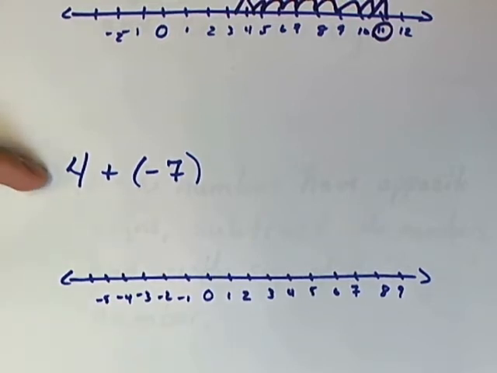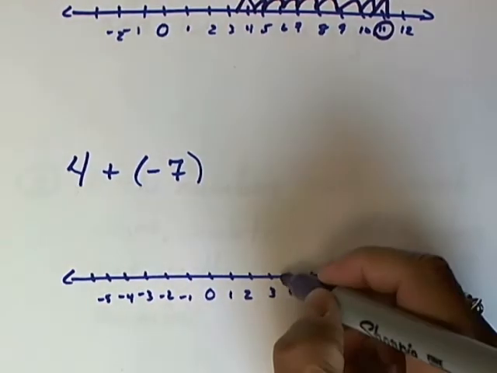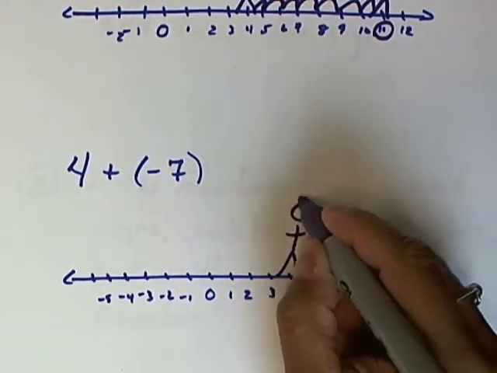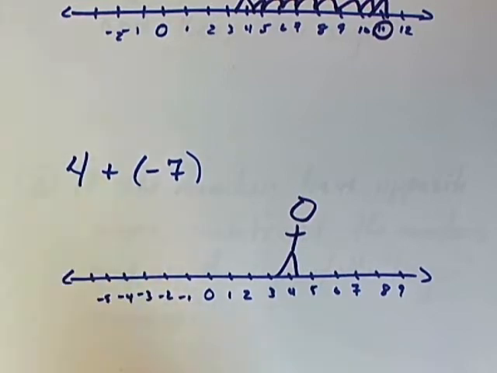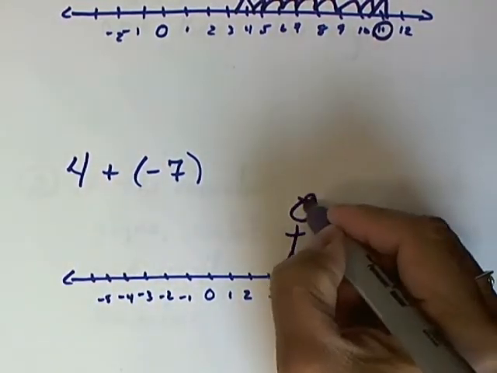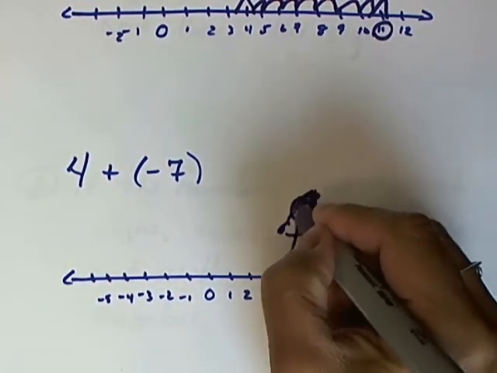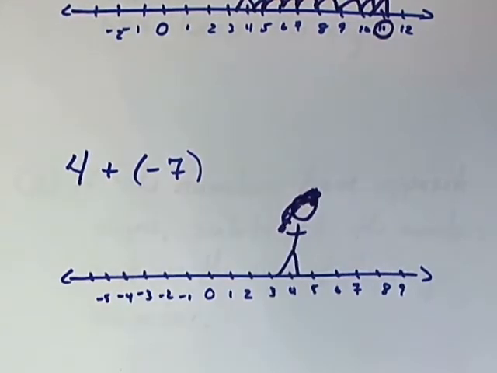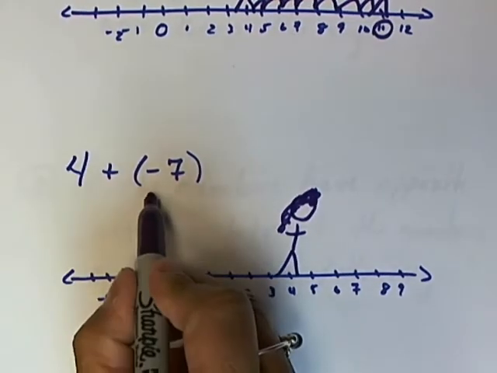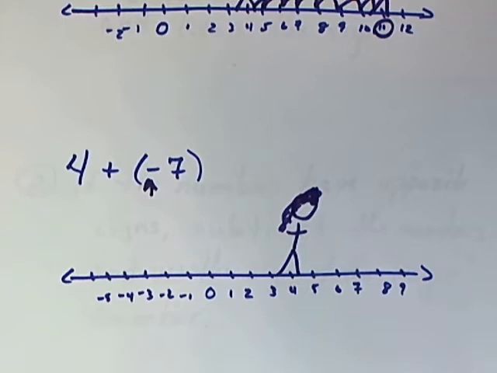Well, here I'm still starting on the number 4. Here I am. I'm adding to that, so I'm still looking towards the positive direction. But this time I'm not going to move forward, I'm going to move in the opposite direction of what I'm facing. That opposite direction means I'm moonwalking or going backwards.